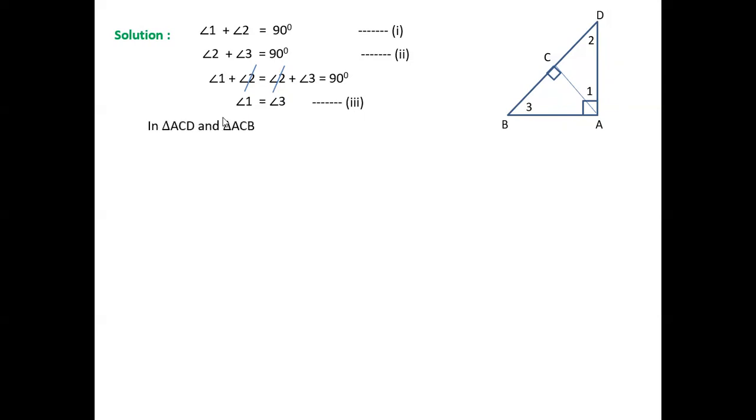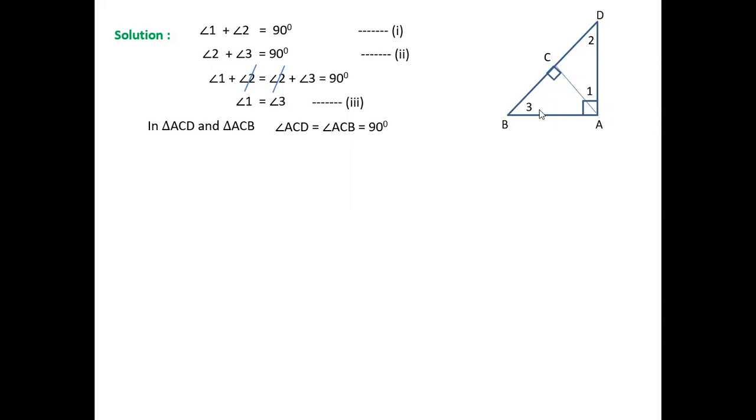Now let us take triangle ACD, that means this triangle, and ACB, that is this triangle. These two triangles, what are you getting? Angle ACD is equal to angle ACB. These two are 90 degrees, perpendicular.